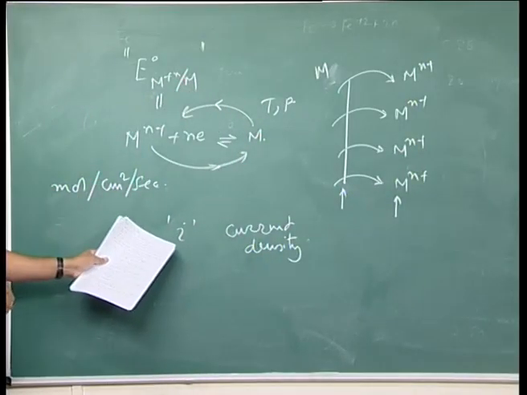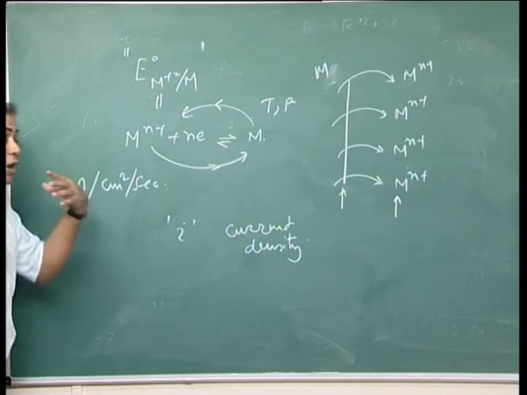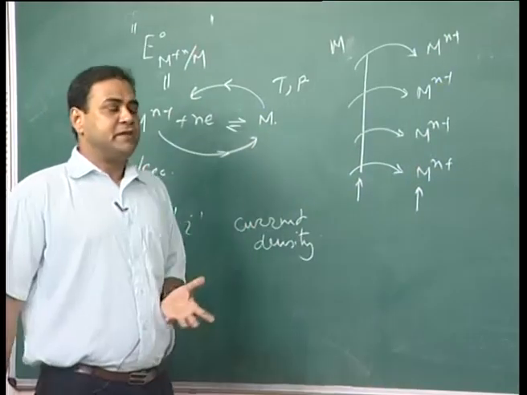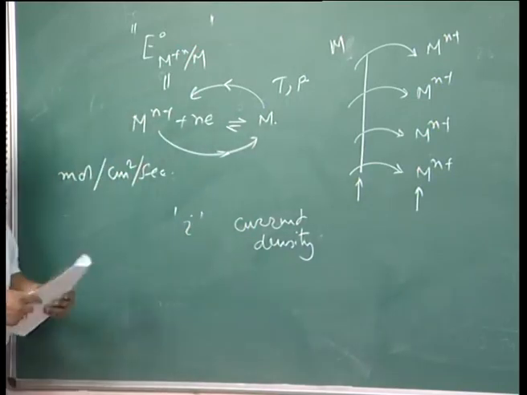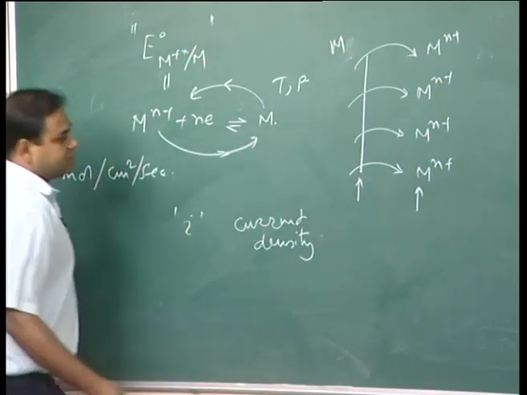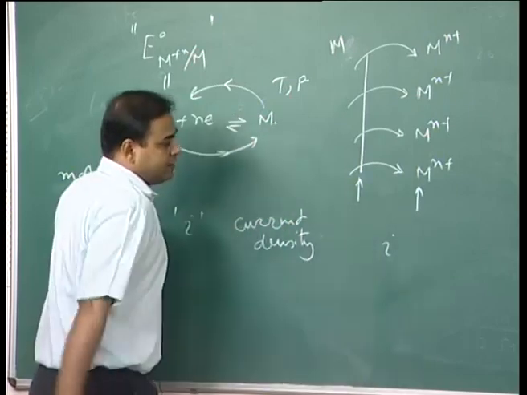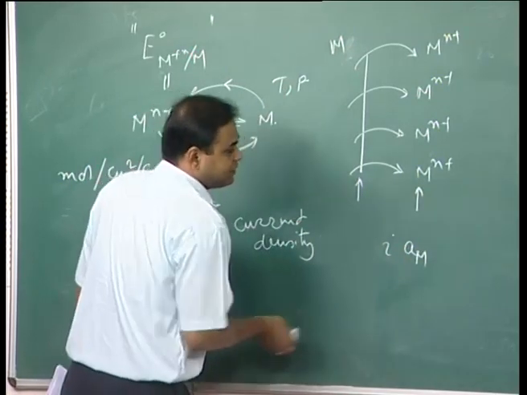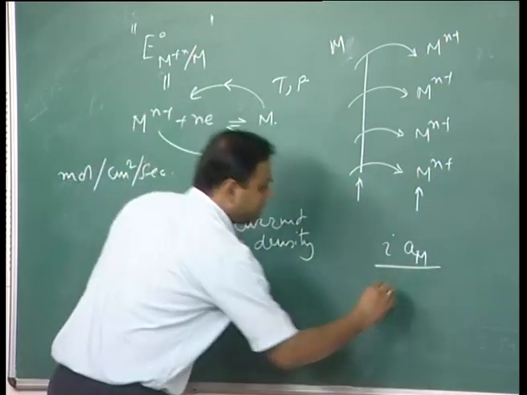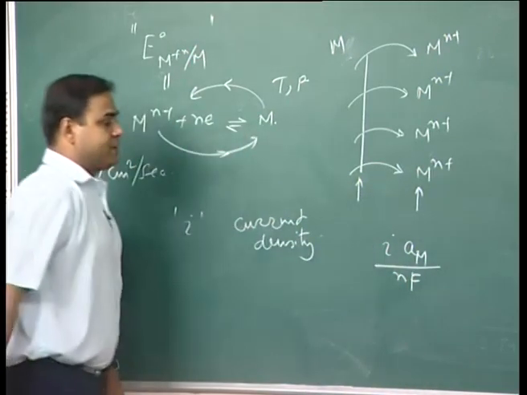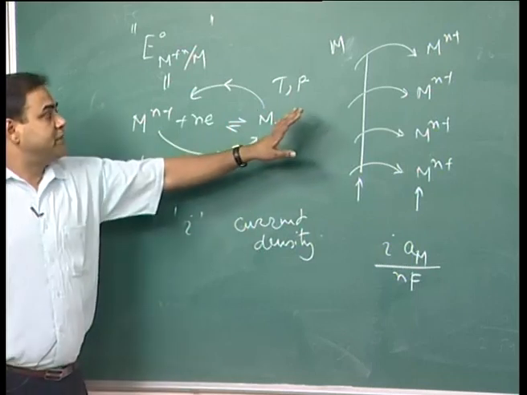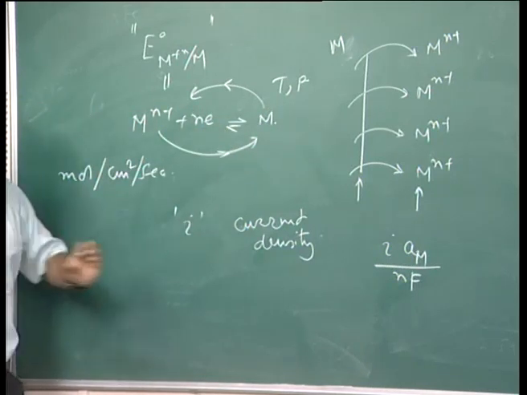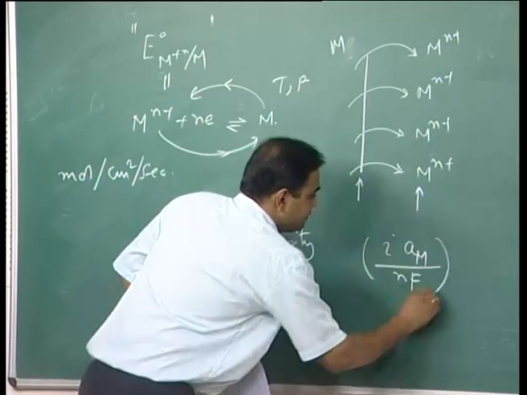And again, if you would like to find out the amount of metal ion that is forming per unit area per unit time, then also you can have a conversion, which is nothing but I into A of that metal, the atomic weight of that metal, divided by nF. In this case, the number of electrons participating in this reaction is n. Now, this is my rate of reaction.